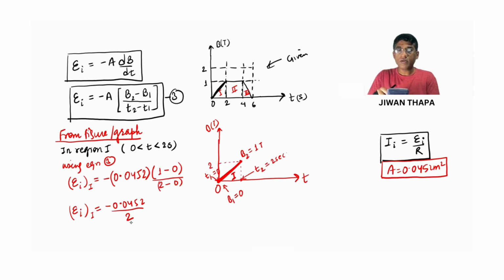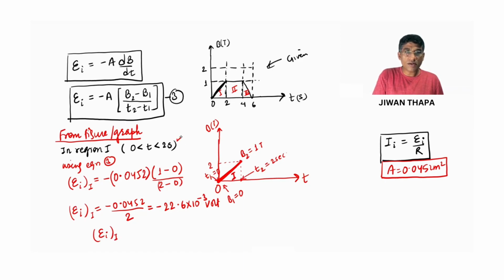We have induced EMF equals minus 22.6 into 10 to the power minus 3 volt. We can also write it this way: the induced EMF for this interval of time equals minus 22.6 millivolt.